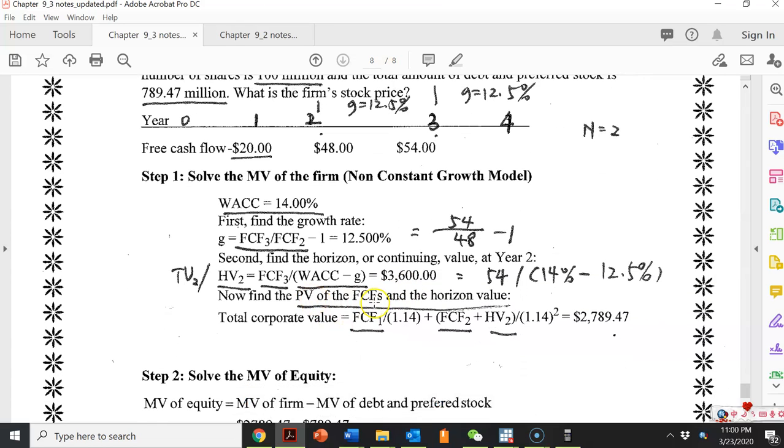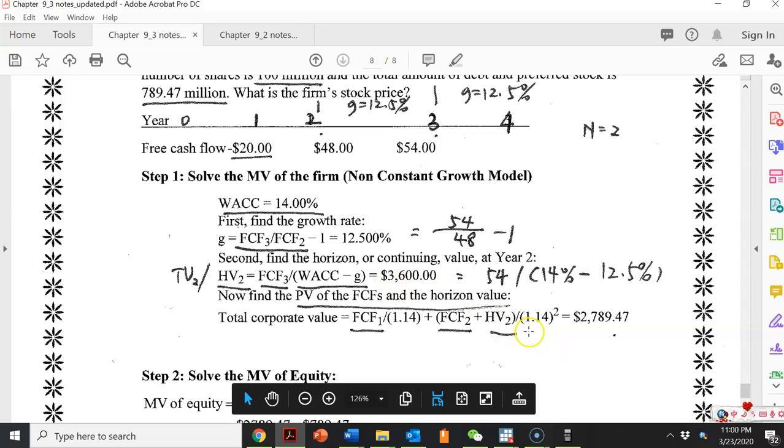The present value of the free cash flows in the first stage and the horizon value would be the total corporate value. It's free cash flow 1 over 1 plus WACC, 1 plus 14%, plus free cash flow 2, 48, plus horizon value 2, 3600, divided by 1 plus 14% squared.